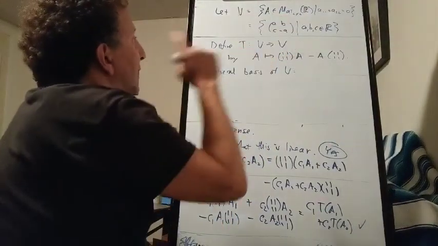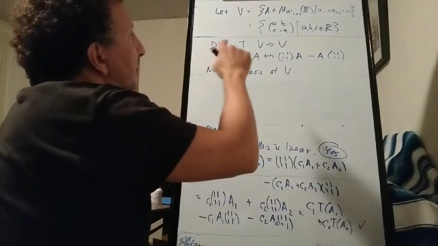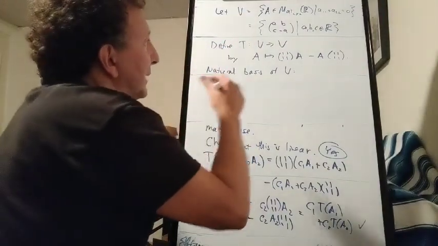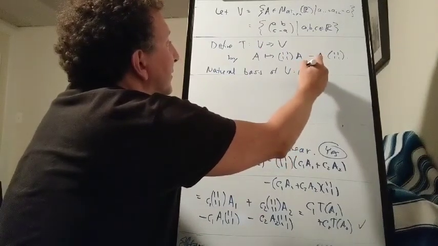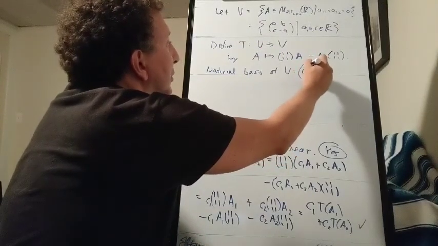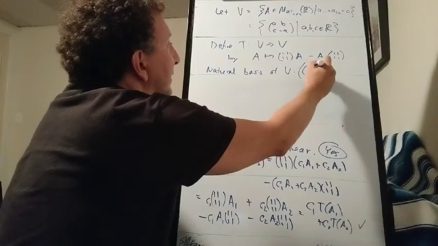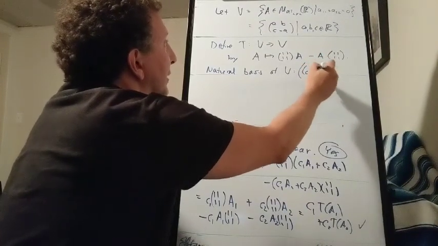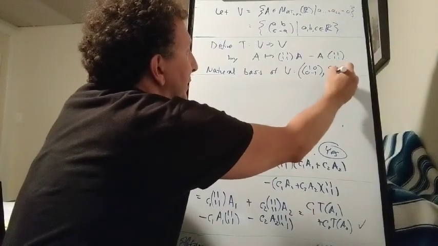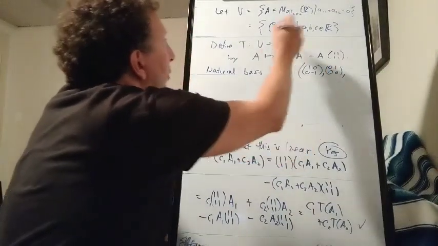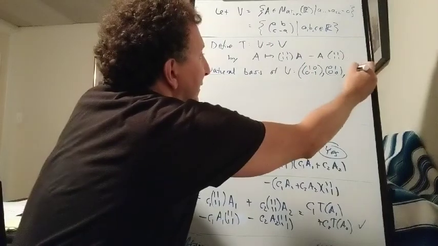Now, given the letters we put in here, the most natural basis that jumps out at me is the one that consists of the three matrices: 1 and -1 on the diagonal, zeros elsewhere; then a 1 in that B position, zeros elsewhere; and then a 1 in the C position and zeros elsewhere.